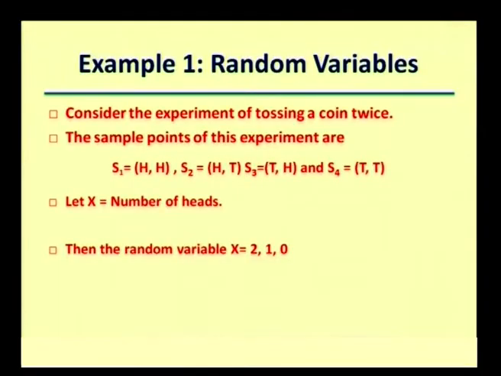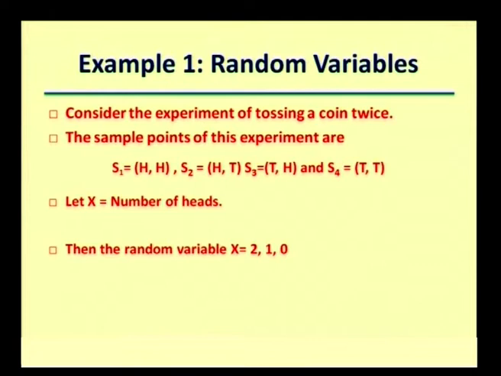Now, the formal example of random variables is, consider the experiment of tossing a coin twice or 2 coins tossed at a time. The sample points of this experiment are head on both the coins, head on one coin, tail on another coin, and similarly tail on first coin and head on another coin, and tail on both the coins. These are the 4 sample points.